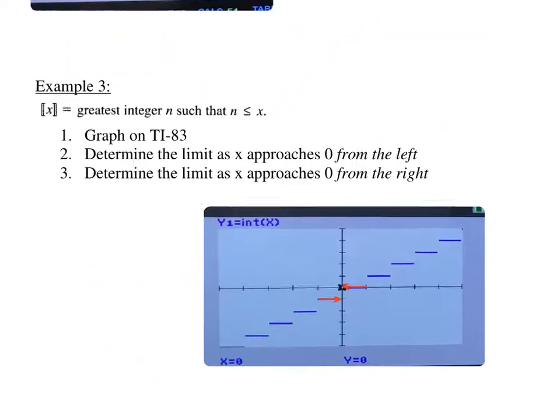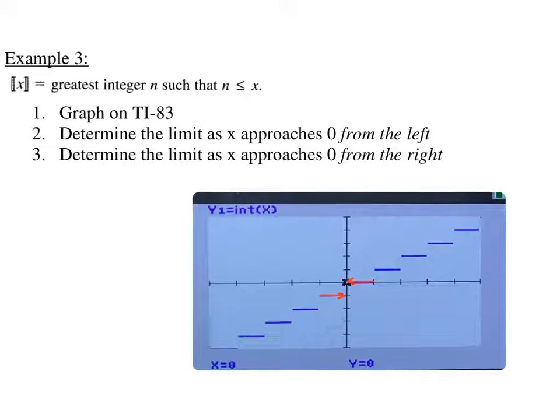Let's take a look at an odd looking function. This you actually can do on the calculator. This is the greatest integer function, or you might have heard this called a step function. It's kind of hard to tell on the calculator, but it's defined as the greatest integer n such that n is less than or equal to x.